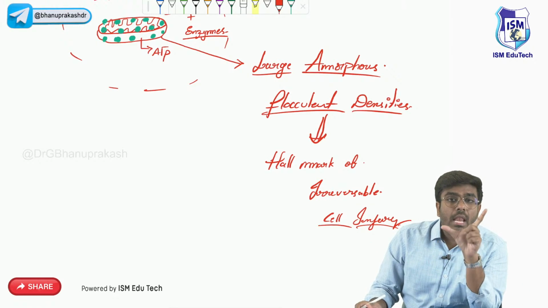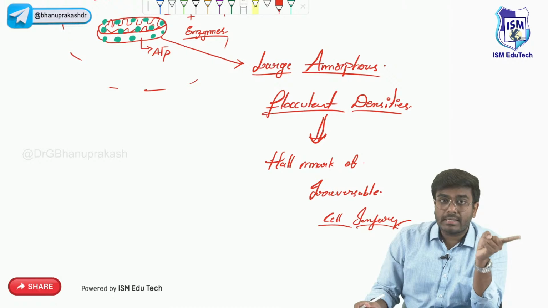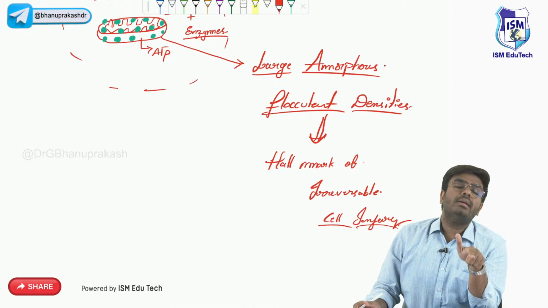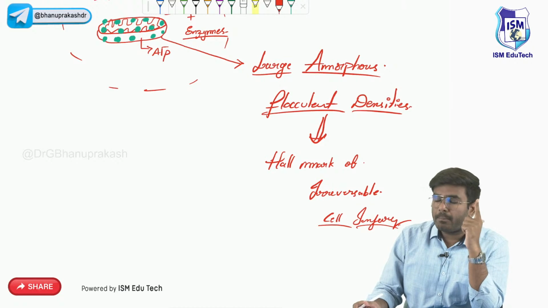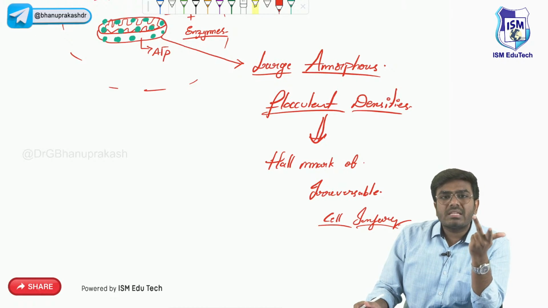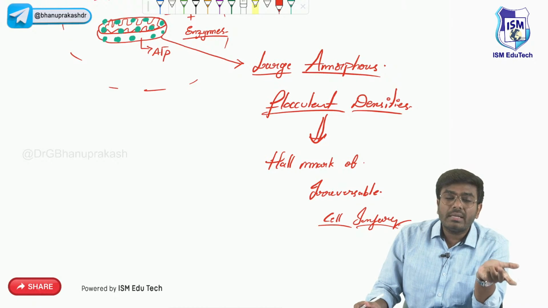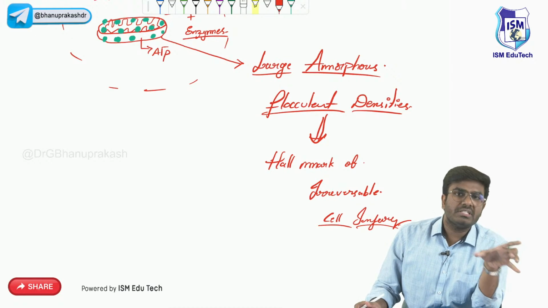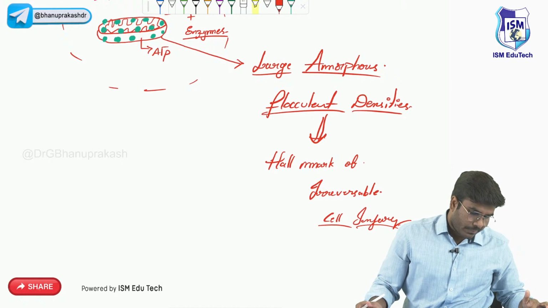My point is, large amorphous flocculent densities are seen in mitochondria. The first cell organelle that will be affected in cell injury is the mitochondria. Large amorphous flocculent densities are nothing but calcium deposition inside the mitochondria, which is seen in irreversible cell injury.